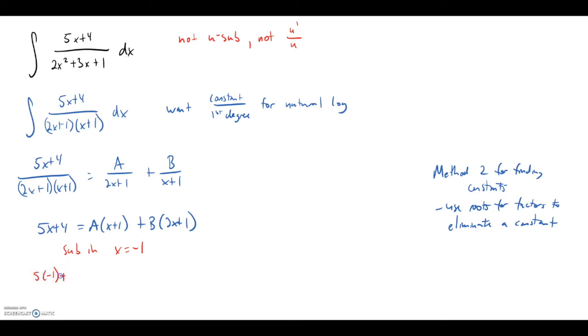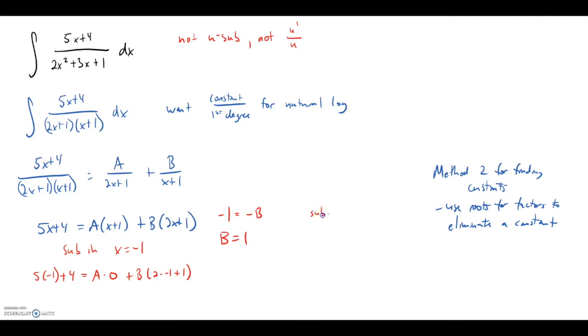And this will yield 5 times negative 1 plus 4 equals a times 0, because we plugged in the root to that factor, plus b times the quantity 2 times negative 1 plus 1. And simplifying this equation down, we will get that negative 1 must equal negative 1 times b. Plugging in negative 1 eliminated a from the equation, and we end up with our constant b equals positive 1.